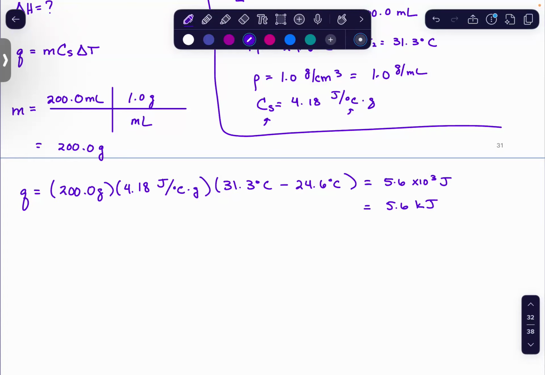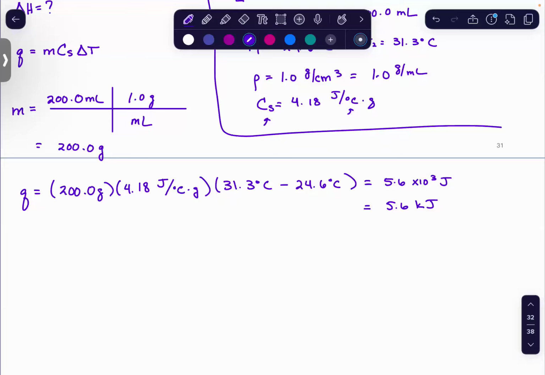And this is the heat energy that was gained by the entire solution. That means that the fluids and the chemicals inside of this calorimeter got warmer.